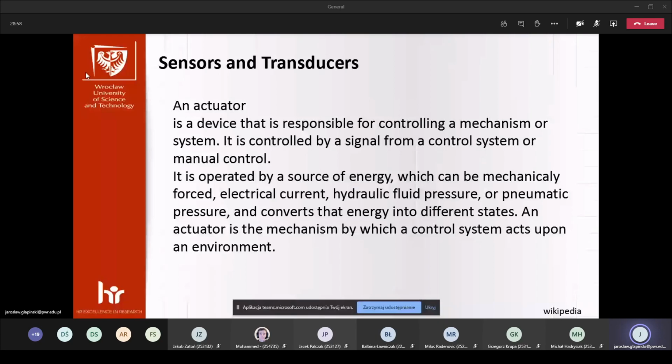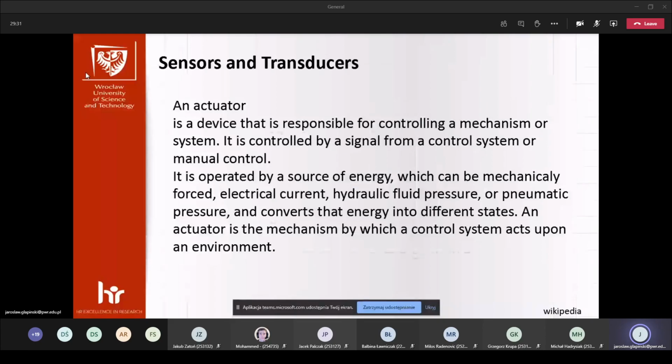This means that actuators can change energy into mechanical force, electrical current or voltage, hydraulic pressure or pneumatic pressure, and other different changes of energy. So generally, an actuator is a mechanism by which a control system acts upon an environment.